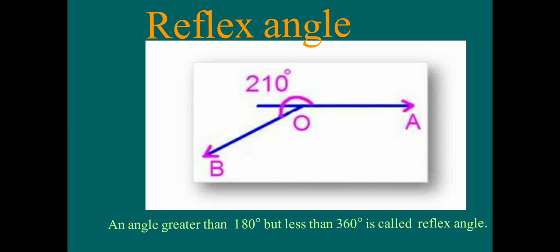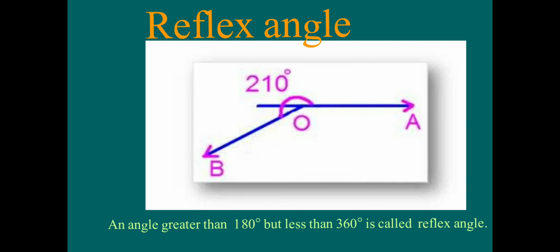A reflex angle is greater than 180 degree and less than 360 degree. So students, the definition of reflex angle is an angle greater than 180 degree but less than 360 degree.